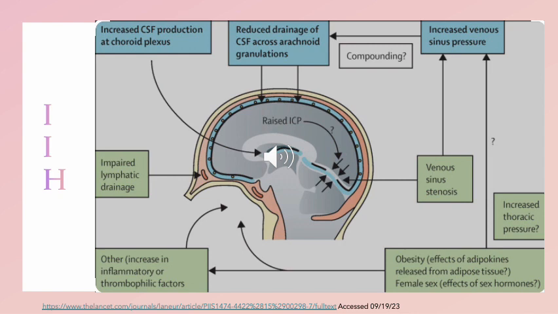So we can see that you just have this intracranial pressure that's up, and then because it's so high, it's not draining as well, and also you're producing more CSF, and your lymphatic drainage isn't doing so well. And there's a possible link to obesity as well as the female sex to precipitate these factors.